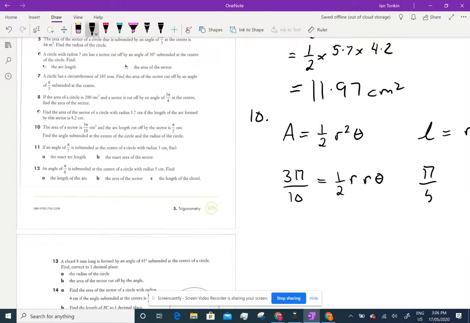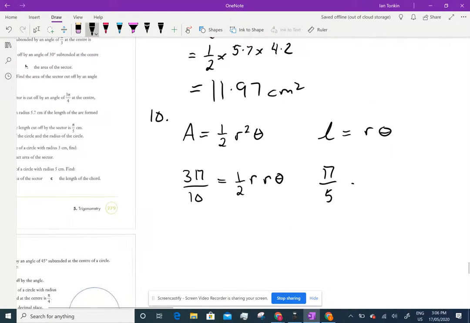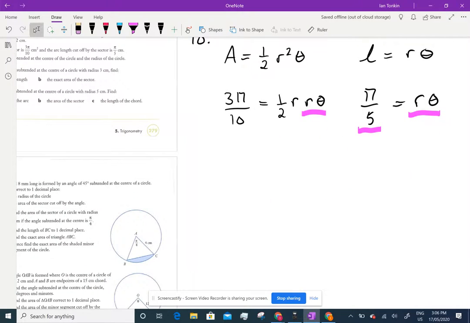So pi on 5 equals r theta. And look again. There's r theta, there's r theta. So I can put pi on 5 directly into that. And I'll be able to find r. So if I sub, I'm going to write what I'm doing so you follow. Sub r theta equals pi on 5 into, I'm going to call it equation 1.